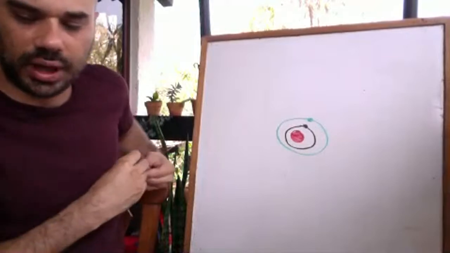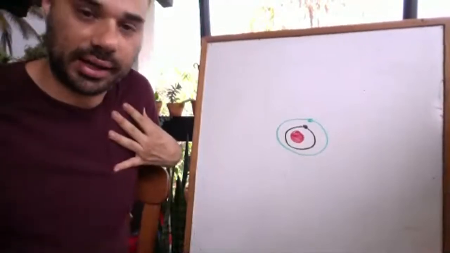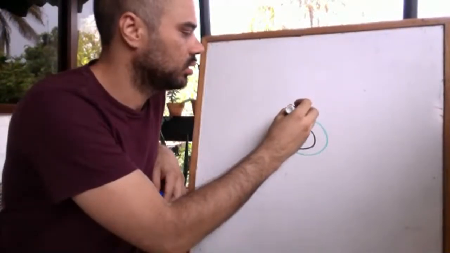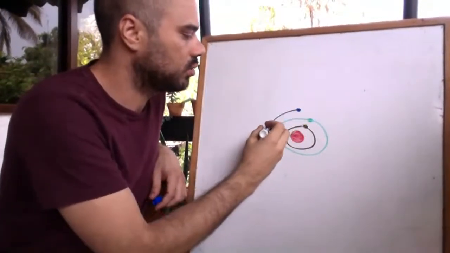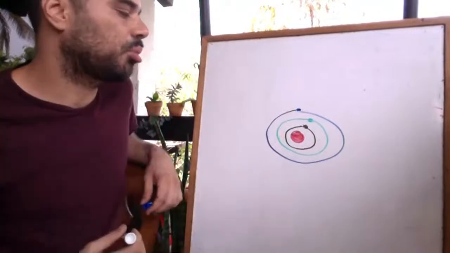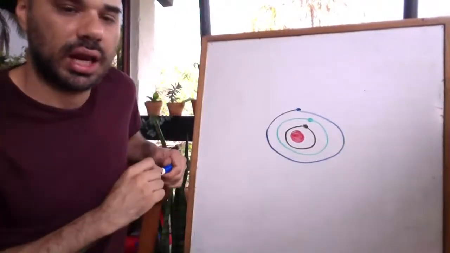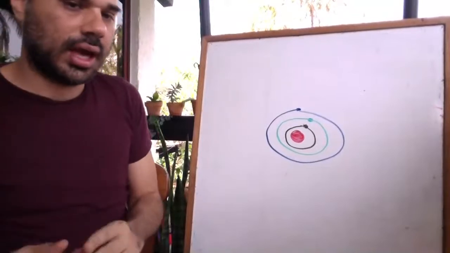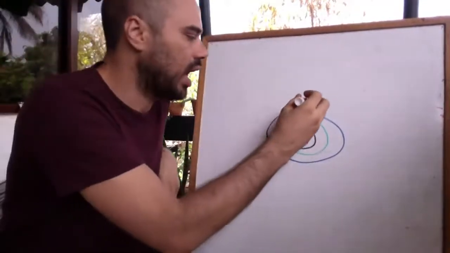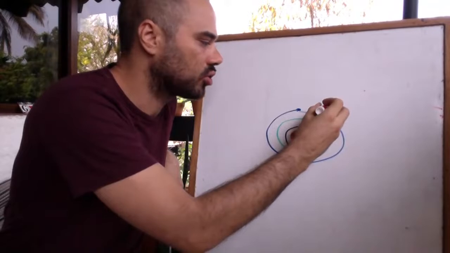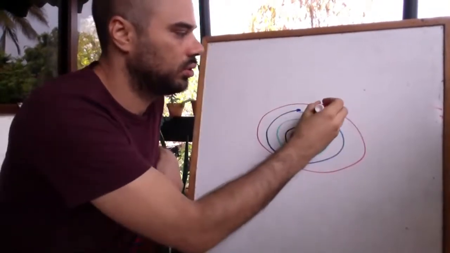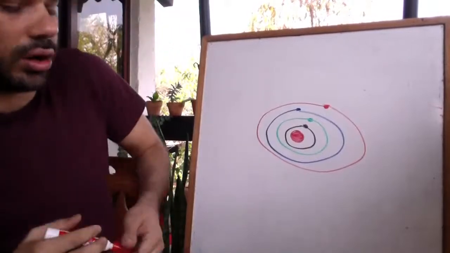After Venus, we have our planet Earth. Okay? So this is our planet Earth. We are here. And after our planet, we have planet Mars. So this is our neighbor, planet Mars.